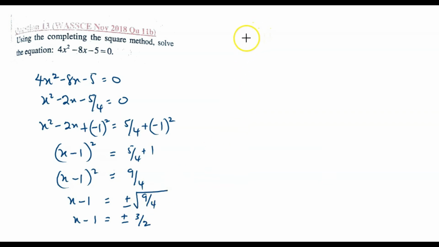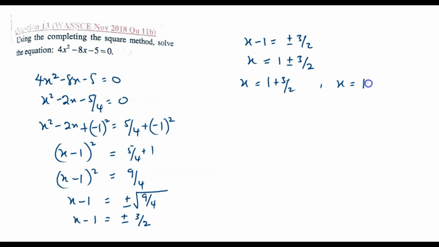So this means that x minus 1 will be equal to plus or minus 3 on 2. Now we make x the subject, so x will be equal to 1 plus or minus 3 on 2. Therefore, we can split the two solutions into x equal to 1 plus 3 on 2, or x equal to 1 minus 3 on 2.